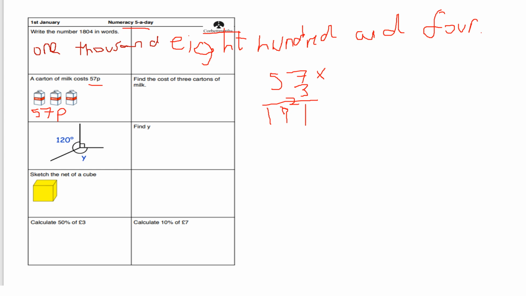So remember, it's 171 pence, or £1.71. Either answer will suffice, but you have to be very clear with your units. So either £1.71 or I can write it as 171p.